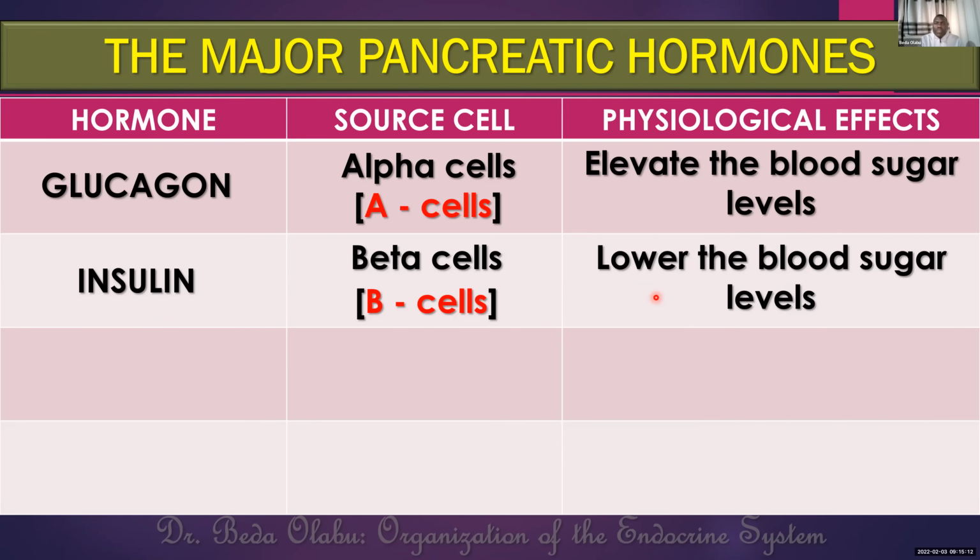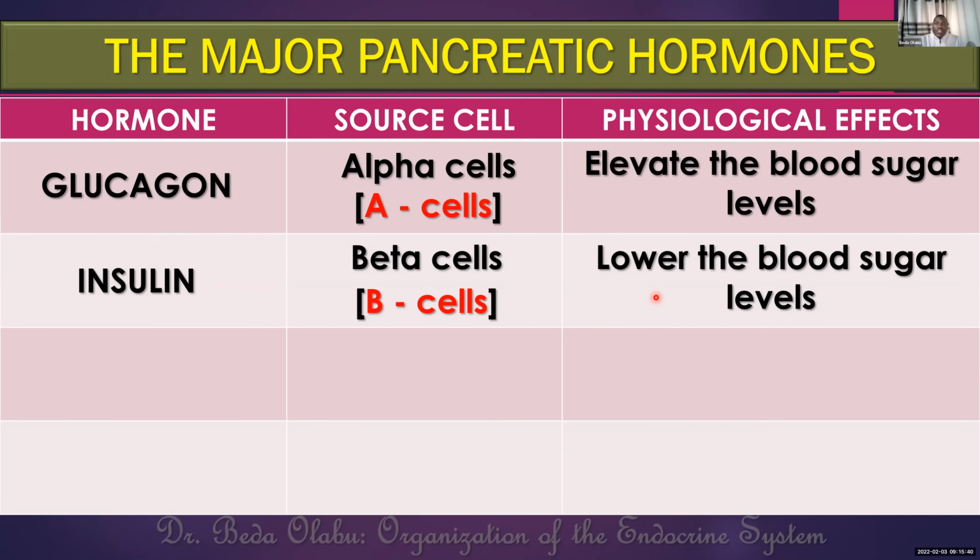As you think about the mechanisms, also think about the mechanisms that it's able to inhibit so that the sugar levels are not elevated. For example, it will inhibit breakdown of glycogen, glycogenolysis. It will also inhibit the breakdown of fat, because if you break down fat, that fat can be used to form glucose.